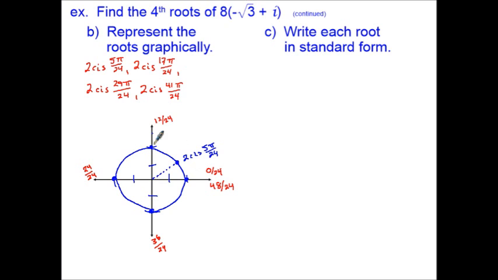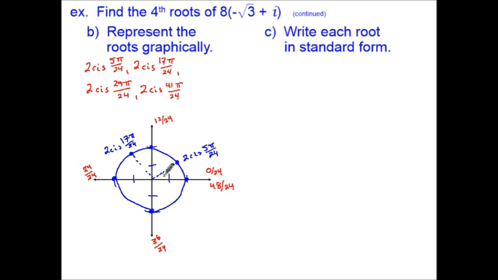Same thing going around here. 17 maybe isn't quite as obvious, but 18 would be exactly halfway between 12 and 24, so 17 is just a smidge short of 18, so that'll be about right there. That looks like a nice angle. So right there I'm looking at 2 cis 17 pi over 24.